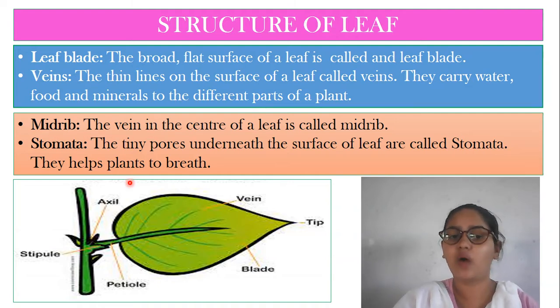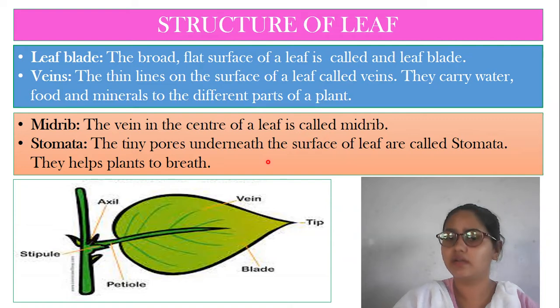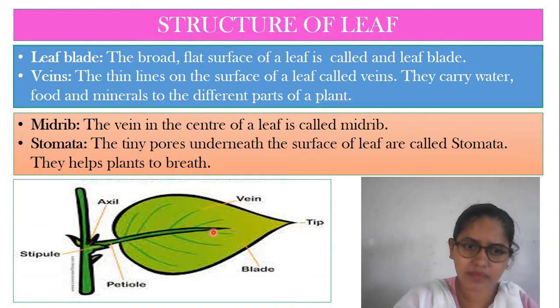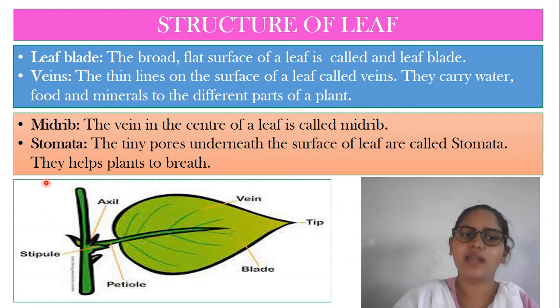Now the midrib. What is the midrib? You can see the line between that particular leaf. The vein in the center of a leaf is called the midrib. This line which is in the middle of the leaf is known as the midrib. And now stomata.